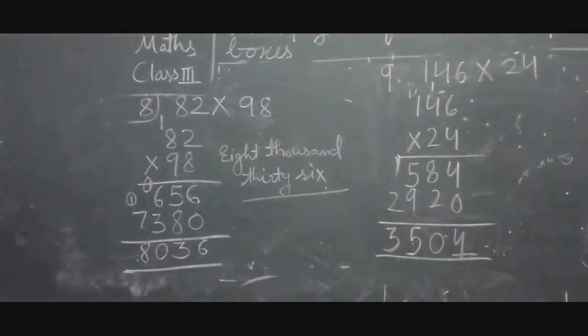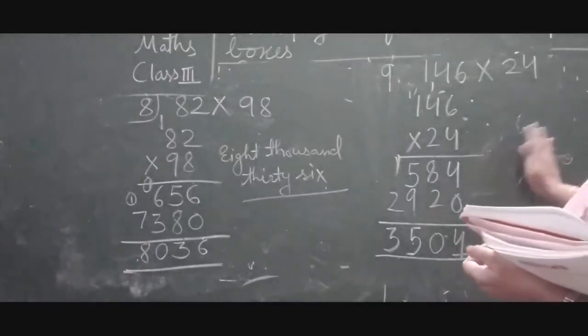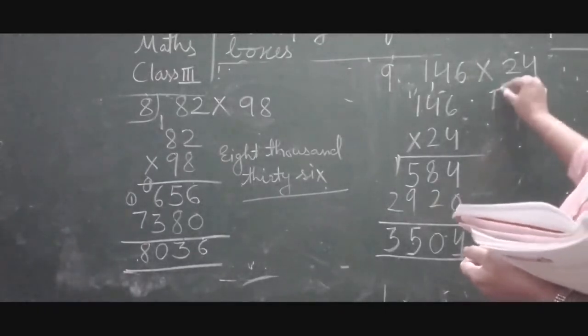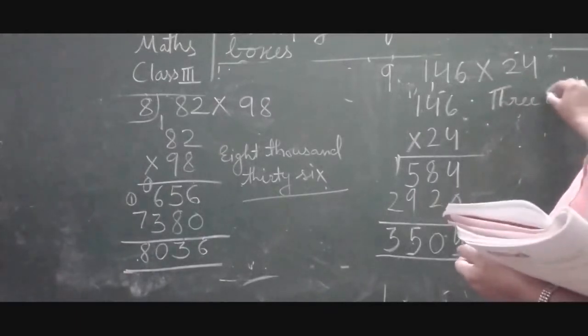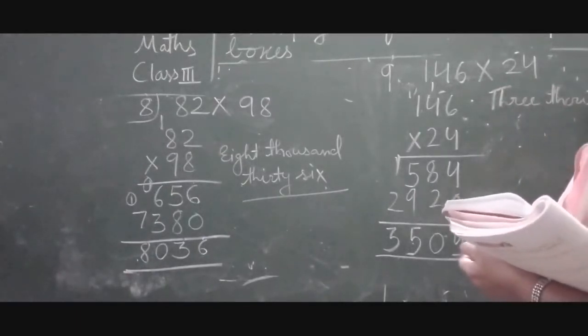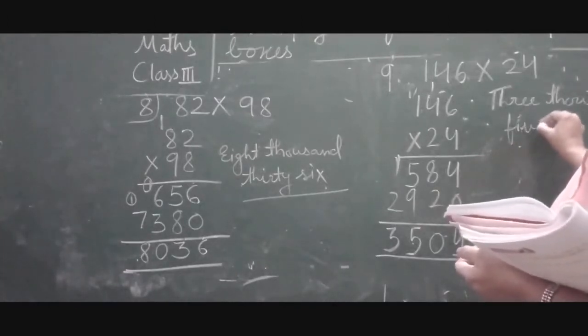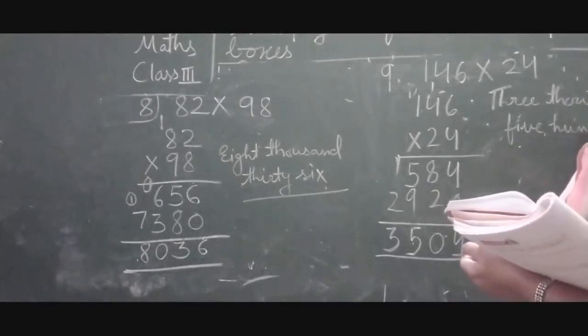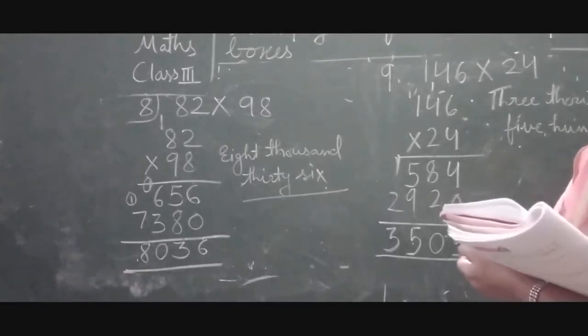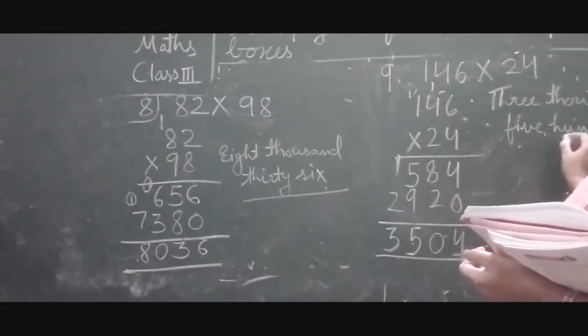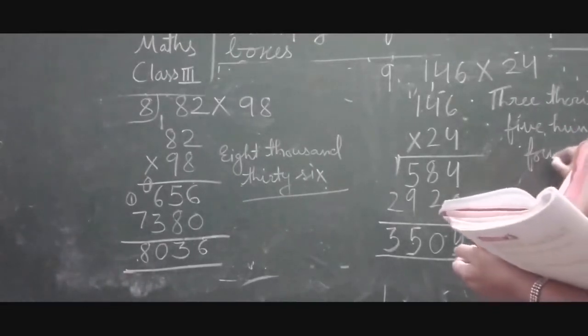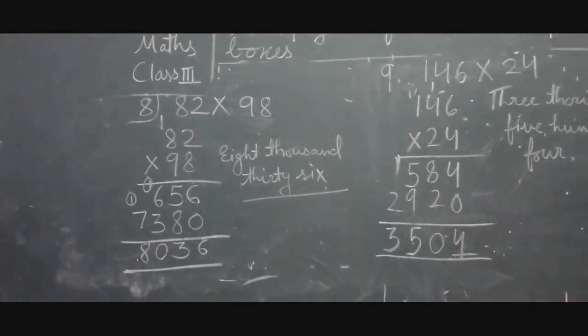So here we will get answer 3504. So we will write 3000, 500 and 504. Okay, 3504 children.